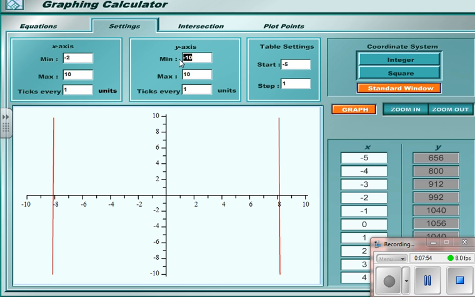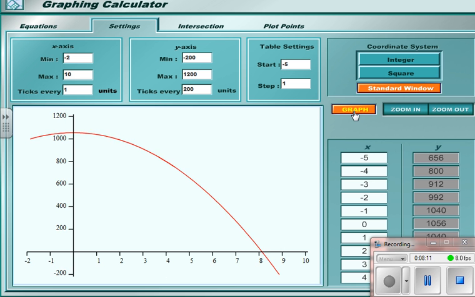Now my y value, again, I don't care about negative values in a real life problem, so I'm going to go to negative 200 just so I can see what's going on, so nothing gets cut off. My maximum, if you remember in our graph, we went up to 1200, and I'm going to go by 200s, and I'm going to click graph.